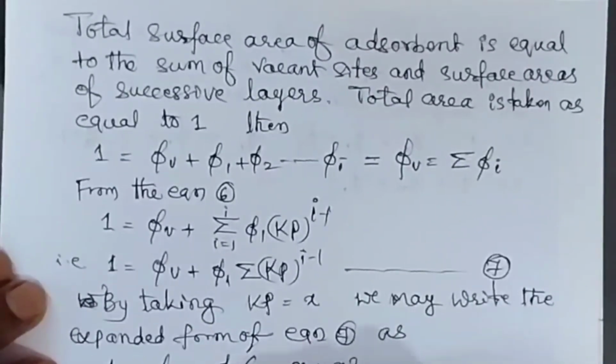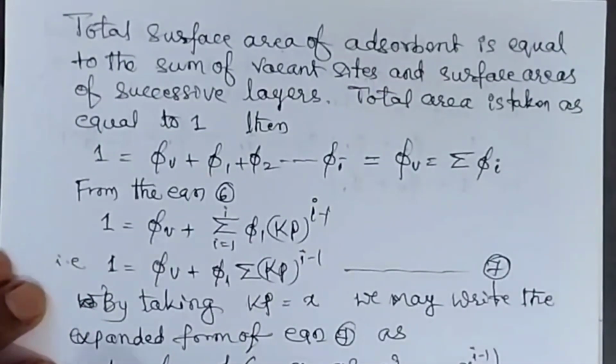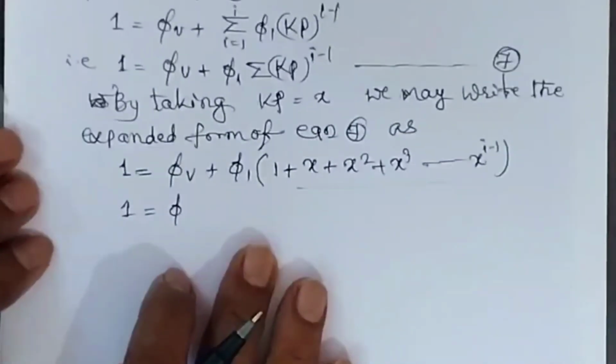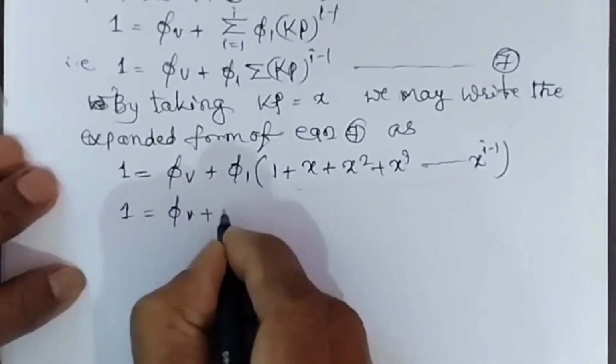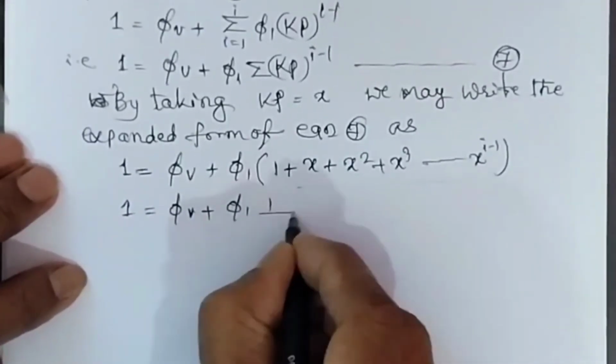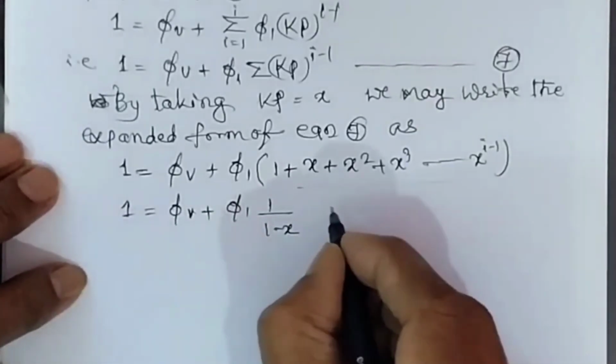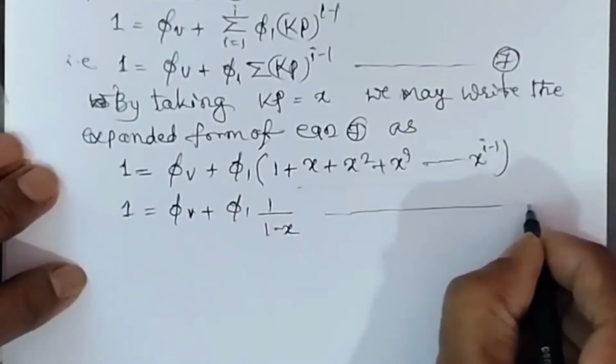Similarly, x square, x raised to 3, then x raised to I minus 1. Here, this expansion may be taken as equal to 1 divided by 1 minus x. Suppose this is equation 8.